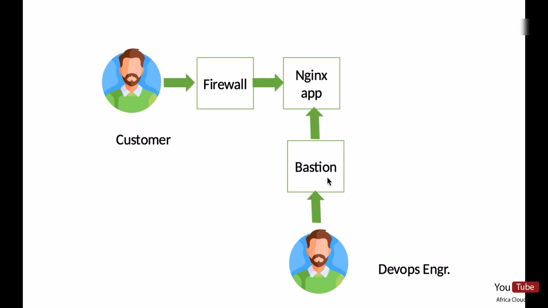The DevOps engineer will go through Bastion to be able to access the server and make the changes, right? So that's all, and that's where we'll stop for this video.